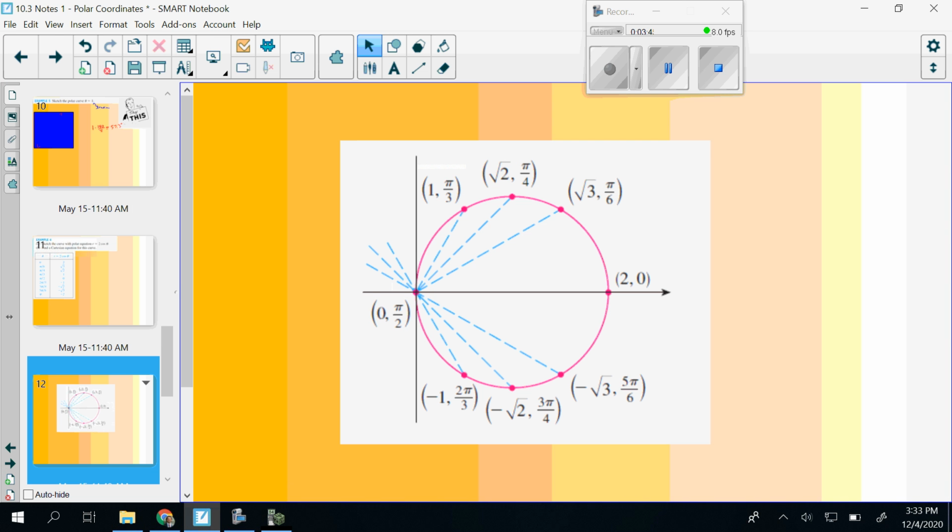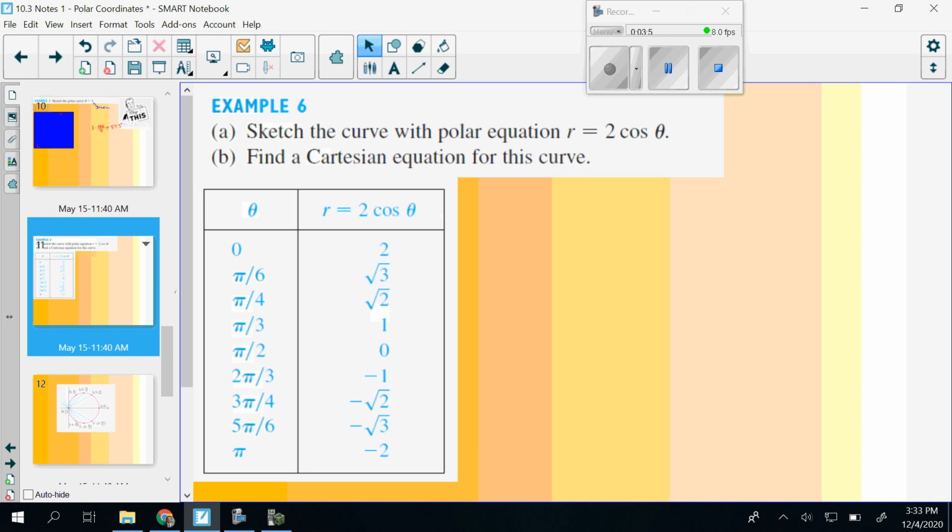Here's another look at what this one looks like here. So what you would see here is if you graph that one out, you would also get these points on the curve here. So for example, if you enter 0 in here, what's cosine 0? 1. 1 times 2 would be 2, meaning that would be the first point on this graph.